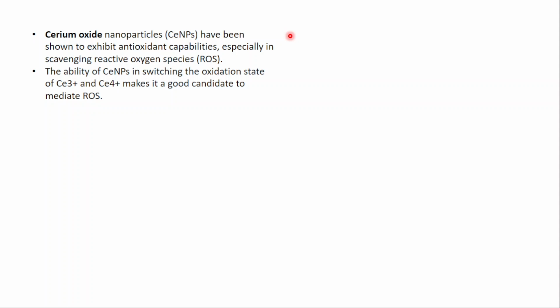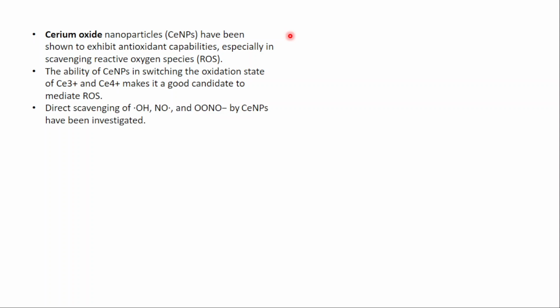So in a cerium oxide molecule, the oxidation state of cerium can change from 3+ to 4+. This makes it a good candidate because it can accept an oxygen and increase its oxidation number from 3 to 4. Thereby, it can sequester the reactive oxygen species or a free radical of oxygen. That's why CeNPs are so successful as an antioxidant.